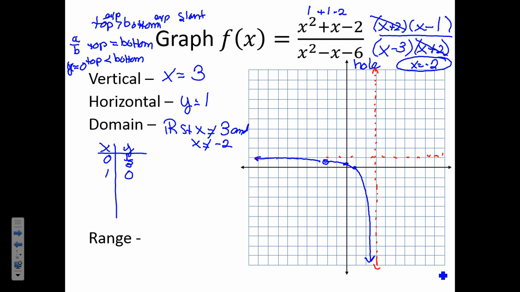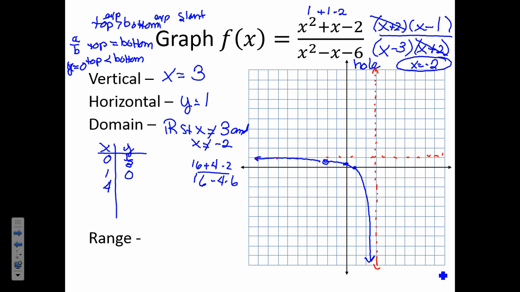Okay. Now let's plug a point over here in. 1, 2, 3, 4, 5. 5 is going to be kind of a pain. 4 or 5, doesn't matter. Okay. When we plug in 4, 4 squared plus 4 minus 2 over 4 squared minus 4 minus 6.